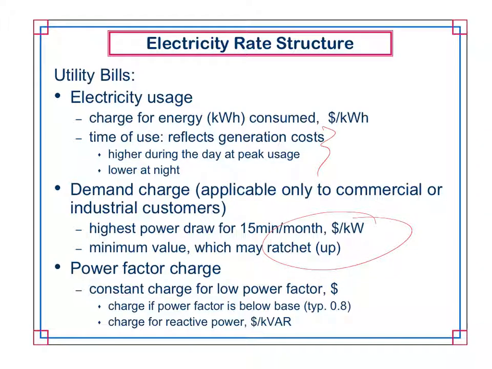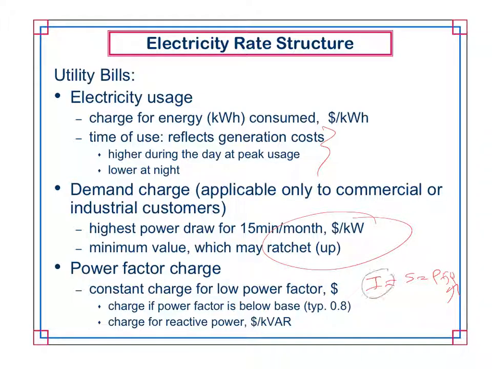Another one that you would be charged, again only if you're usually a large industrial user, is for power factor. If you remember, our current is going to be determined from our S, which is going to be determined from our P plus our jQ. The reactive power that the system has to provide is dependent upon the amount of reactive power that goes.